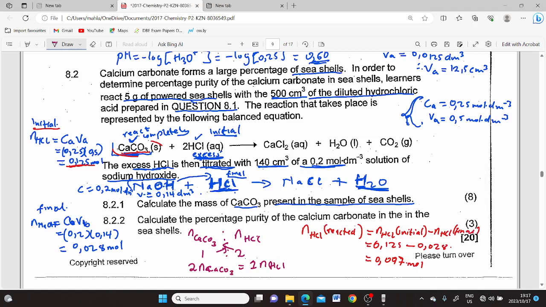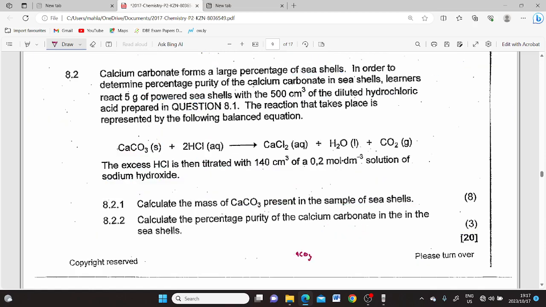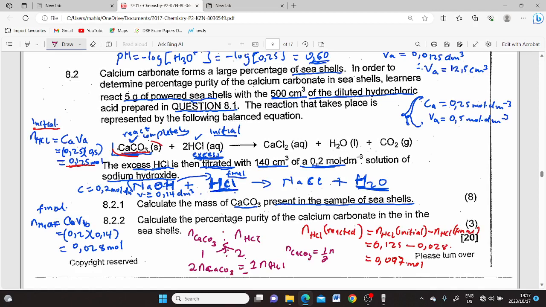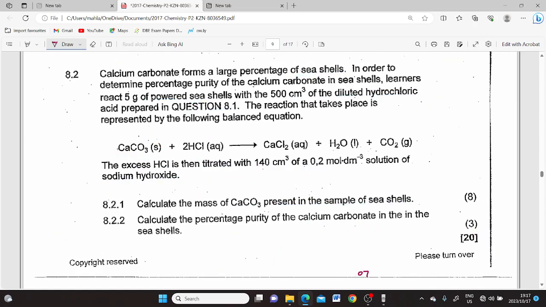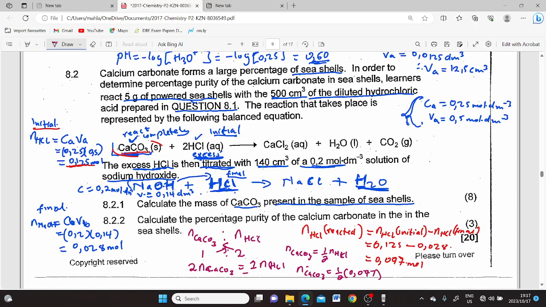We divide both by 2, so the number of moles of calcium carbonate equals half of the number of moles of HCl reacted, which is half of 0.097. That is 0.0485 moles.